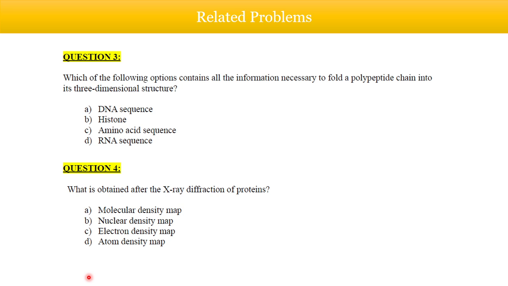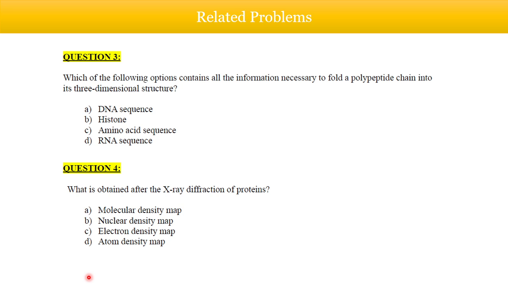The electron density map is a three-dimensional plot that shows the location of electrons in space within the repeating units of a crystal. When you are determining the X-ray structure, you get an electron density map where the arrangement of the electrons tells you about the repeating unit of the crystal, and from the repeating units of the crystal you analyze and then get the structure.